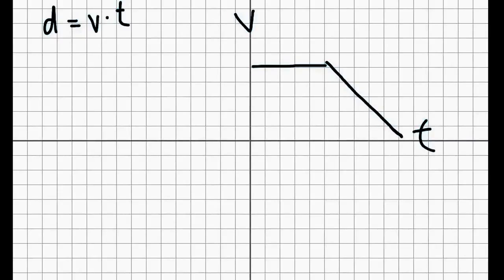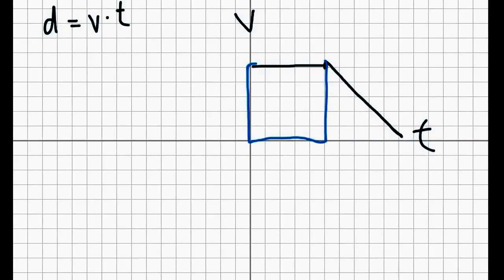If we think of a section on the graph, let's just look at this first portion. If we do the velocity, which is the height of the graph, which is 5, and we multiply it by the time, which is the length of the graph, you can see basically velocity times time is like length times width of a rectangle, or base times height.